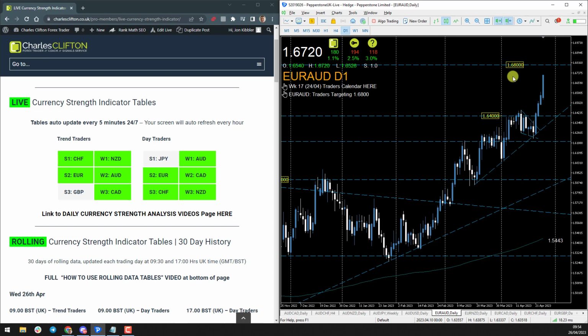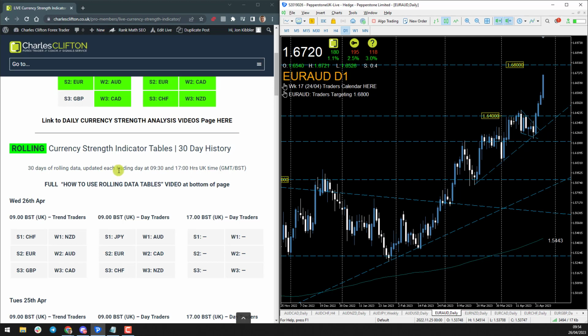So let's discuss what you could have been looking for and how you could have found it using the tables. Now I'm going to have to scroll back a little bit to our rolling 30-day history data below to show you the example here. If I bring over my cursor here, you can see that at the bottom of the screen it says the 20th of April.